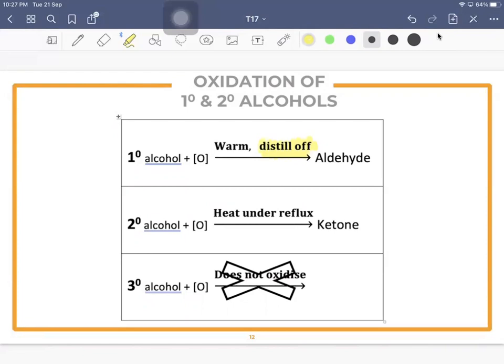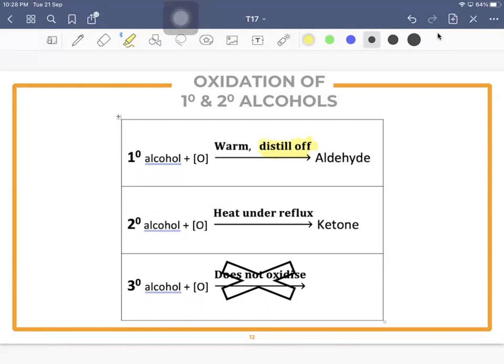Whereas your secondary alcohol, when it is treated with an oxidizing agent, will be oxidized into ketone. That's it. That's the final product. So you don't really have to worry about over-oxidizing your secondary alcohol, because once it produces ketone, which is our desired product, the reaction would stop.